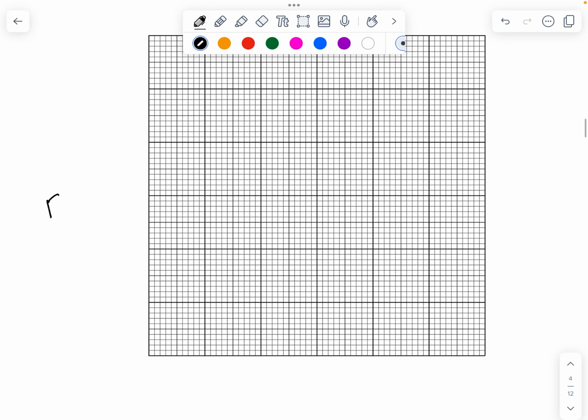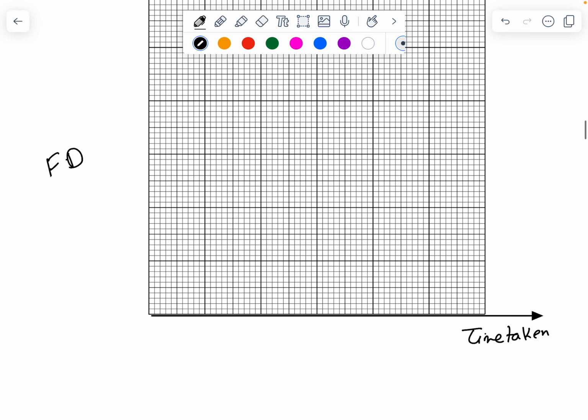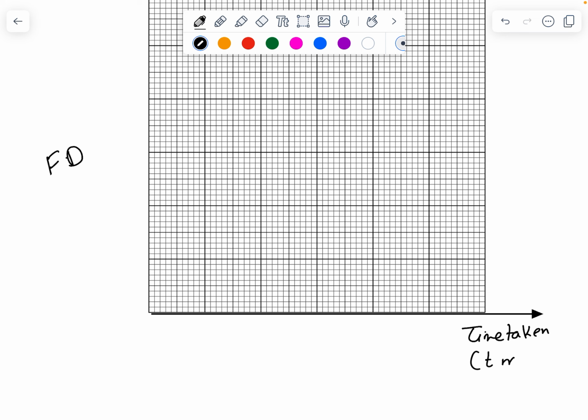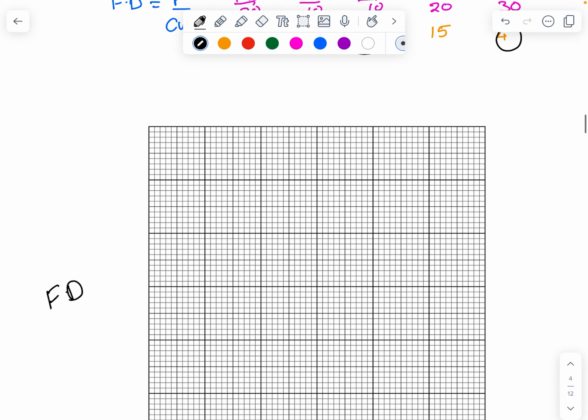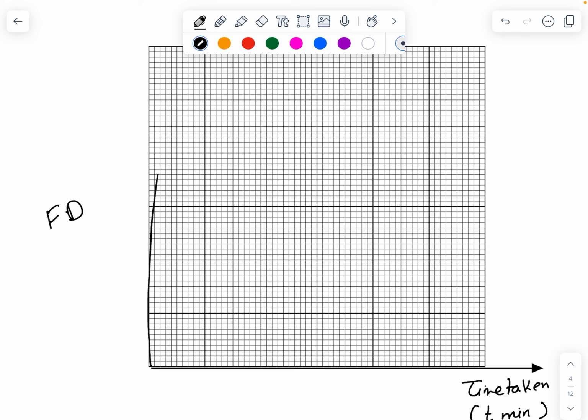So frequency density should be on the y-axis and time should be on the x-axis. So time taken in t minutes. Don't forget to write the units and the frequency density.